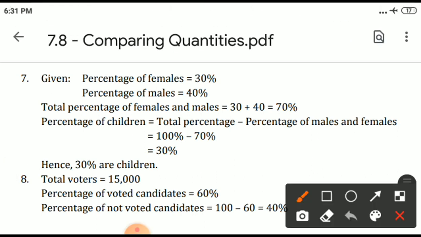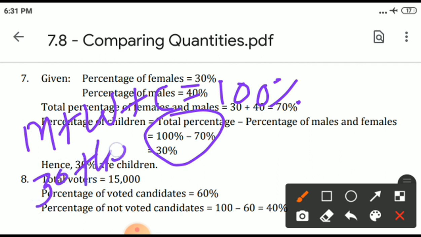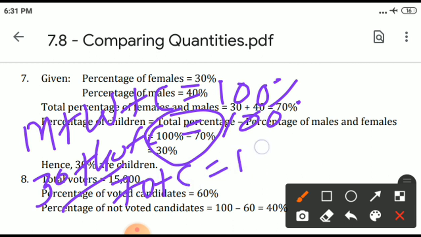I already said, without doing any calculations, because we know men plus women plus children is equal to 100 percent. Out of this, male and female are 30 and 40 percent. 30 plus 40 plus children is equal to 100. Now 30 plus 40 is 70, plus children is equal to 100 percent.